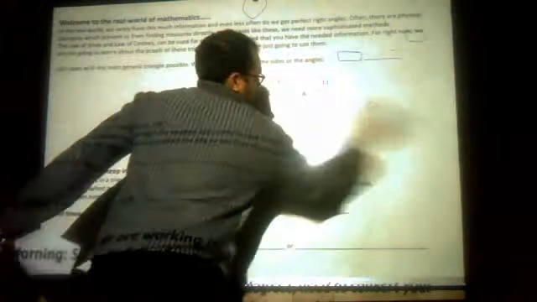So the law of sines and the law of cosines can be used. This is just a description of the real world. In the real world, we rarely have this much information, and even less often do we get perfect right triangles. We don't always have everything that we just saw in the last problem.